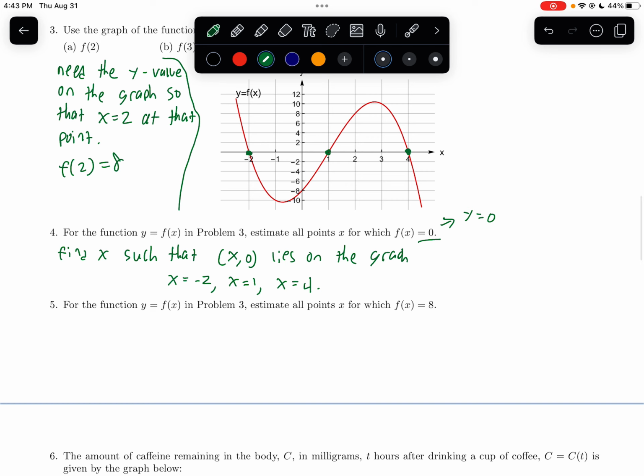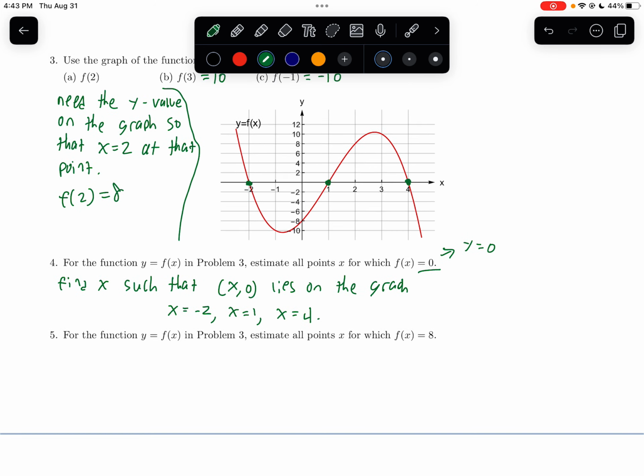And we can do this for points at which the function equals 8. So when y equals 8, you'd be looking at any intersection on this line. And that's there, there, and there.